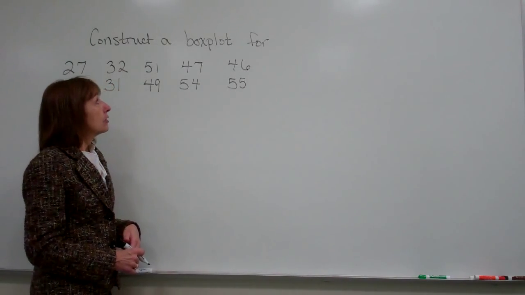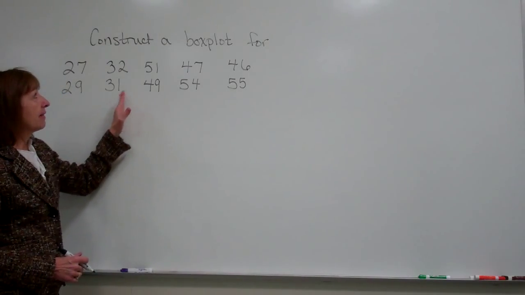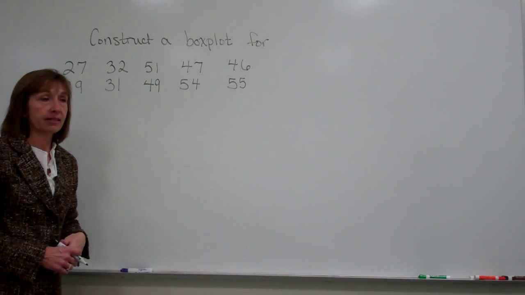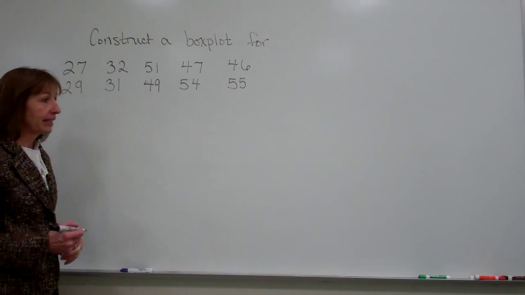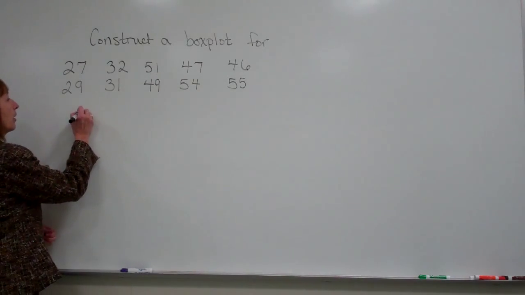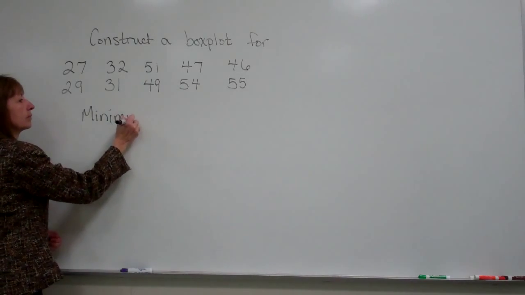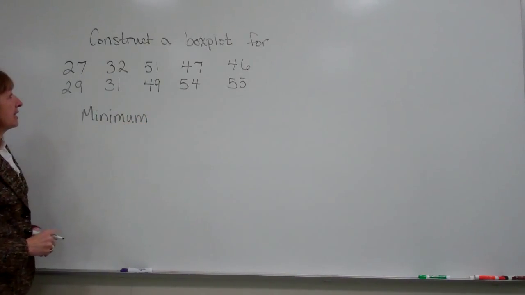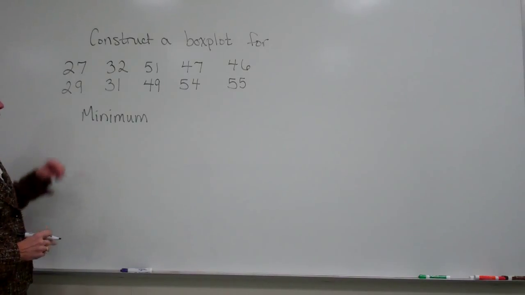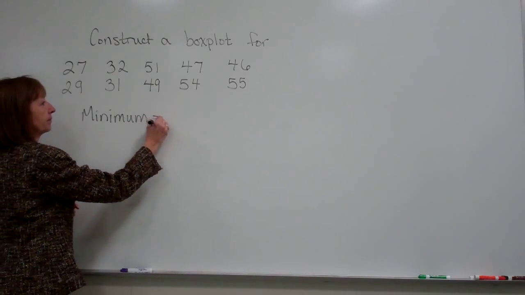So here I have a set of data and they want us to construct a box plot for this. I need to find my 5 key elements first. So our minimum value, we need to look through the data set and find the smallest data value we have, which is a 27.